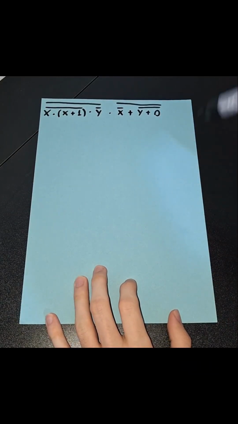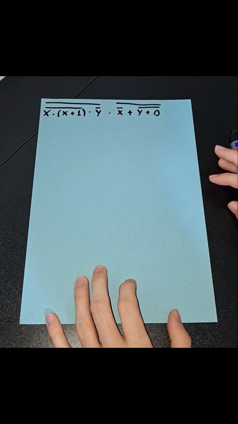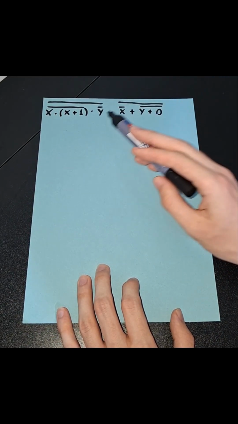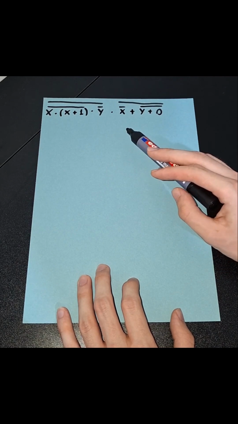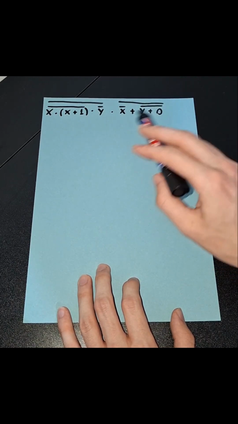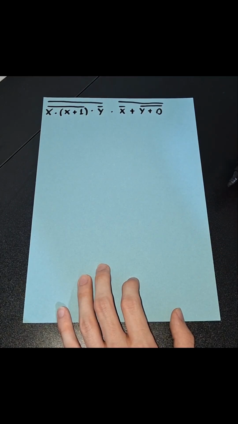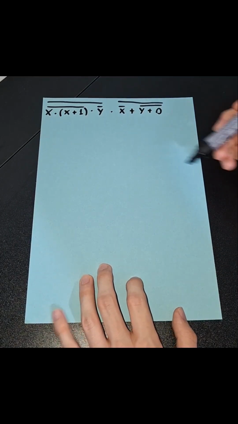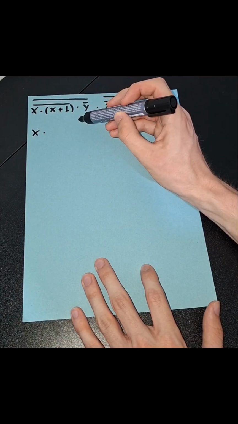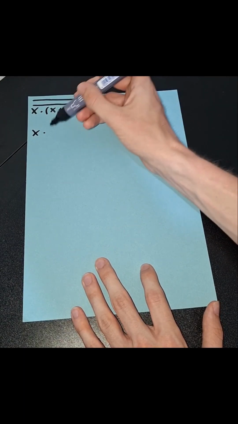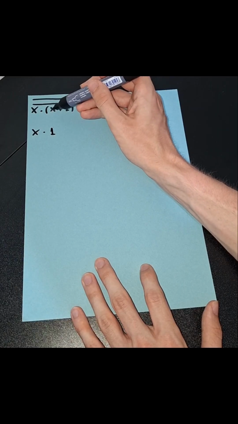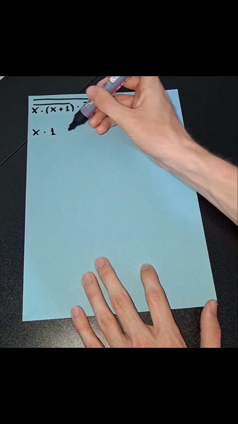So here we've got another strange looking Boolean expression going on. So I'm not going to apply De Morgan's law straight away, because I think there's things we can do with these numbers here that are in our terms. So I'm going to deal with them first. So x or 1 will just be 1, because no matter what x is, there's still a 1 there, and anything or 1 will just be 1.